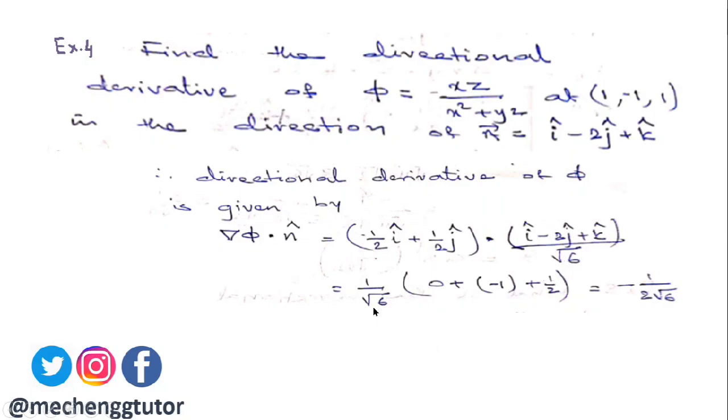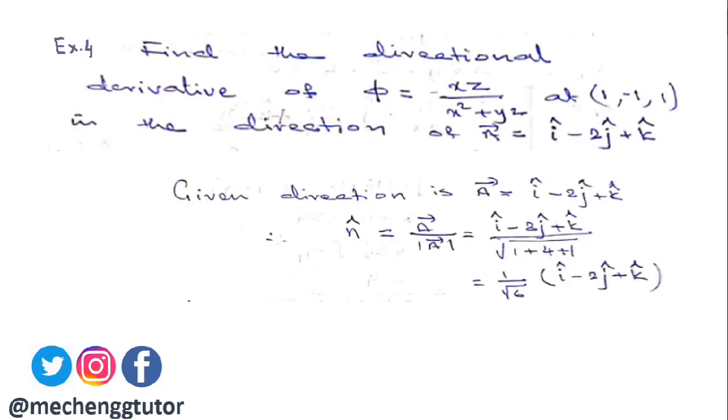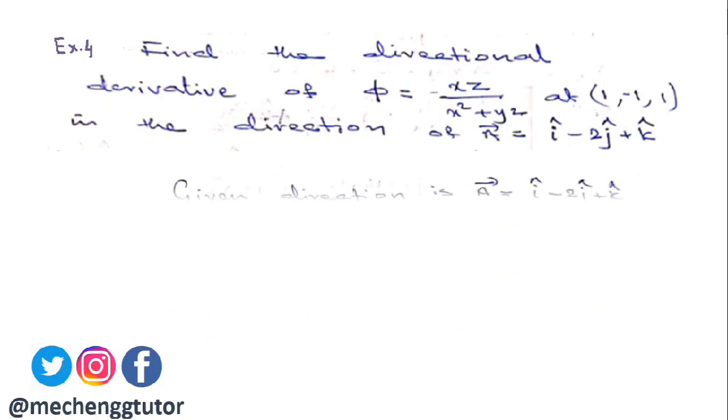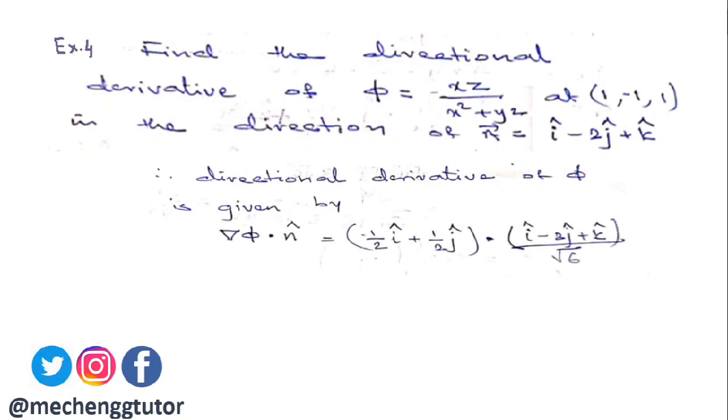Keep 1 upon root 6 aside. Del φ, by mistake I have written it as i, it should be read as j.